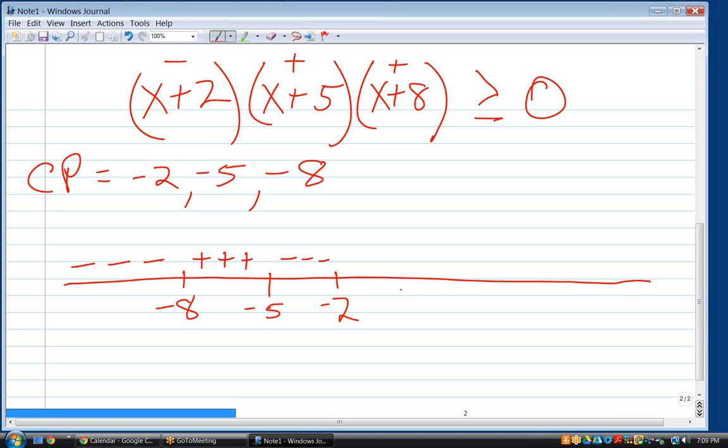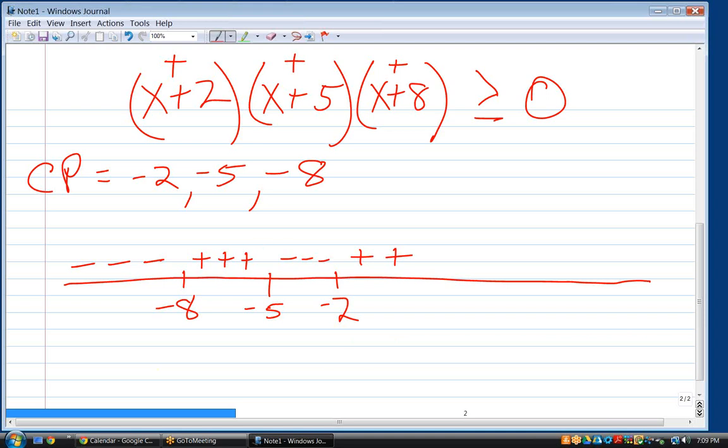Finally, a number to the right of -2. What's a nice, easy one to do? -1. How about 0? 0 is the easiest one because now we got plus, plus, plus. That means anything to the right of -2 produces a positive answer. Now, to answer their question, we look on our line chart.